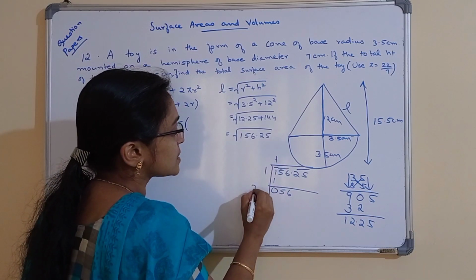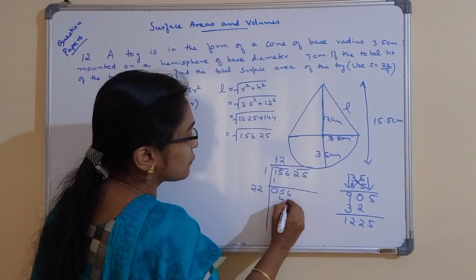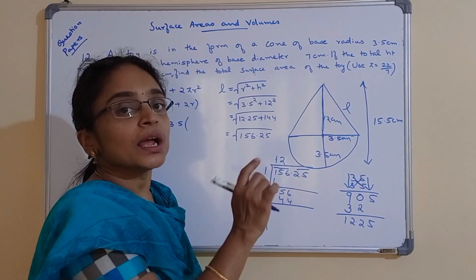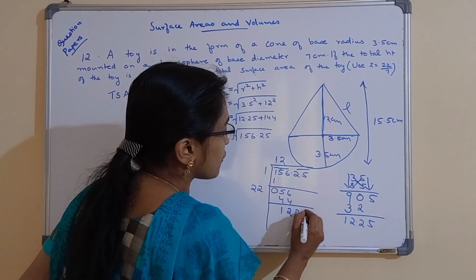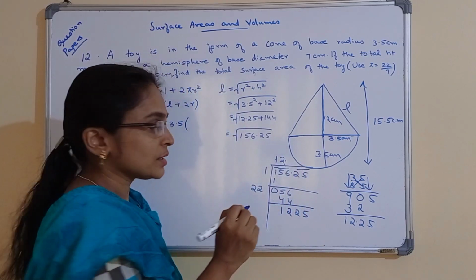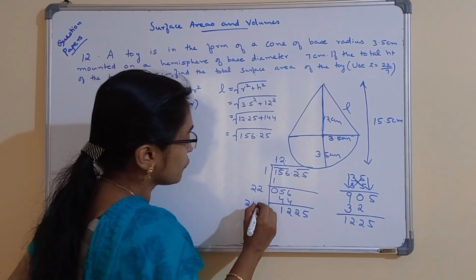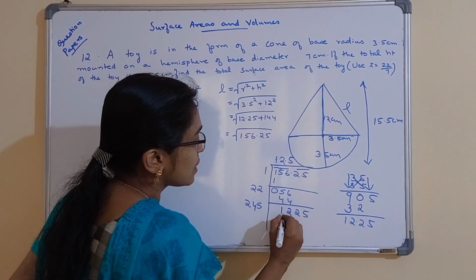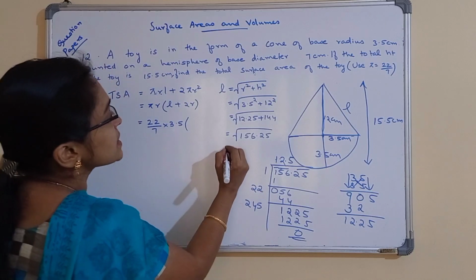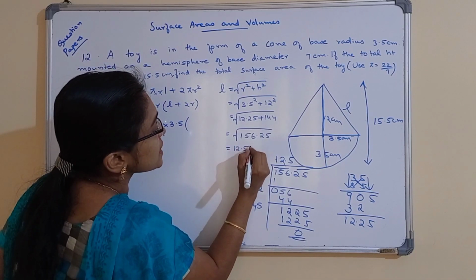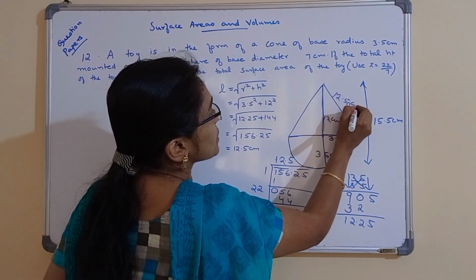Now 1 plus 1 is 2 and 22 into 2 is 44, and remainder is 12. Now bring this 25 down and we have to put a point here. Then 22 plus 2 is 24 and 245 into 5 is 1225. So this is equal to 12.5 centimeter. We got L as 12.5 centimeter.